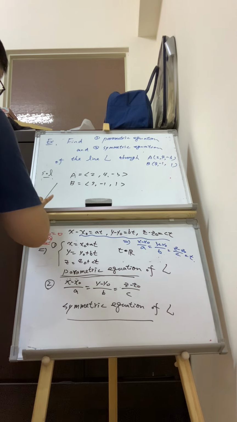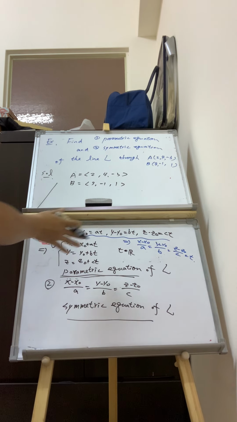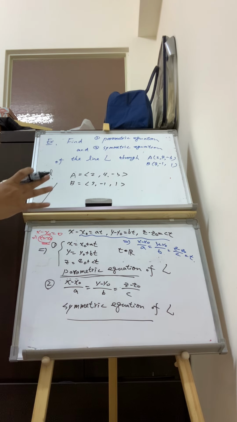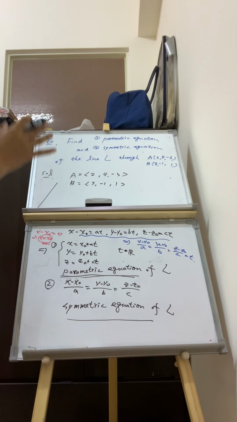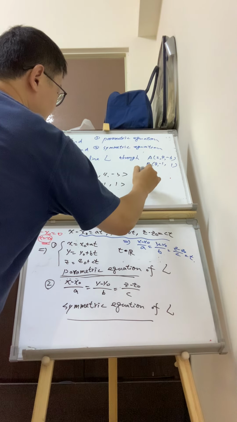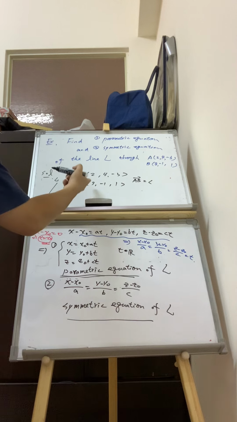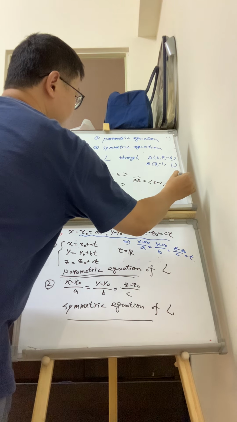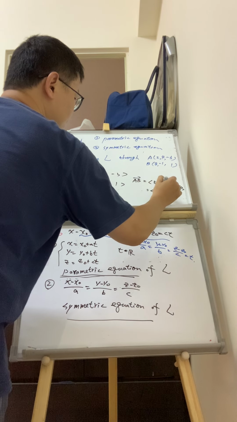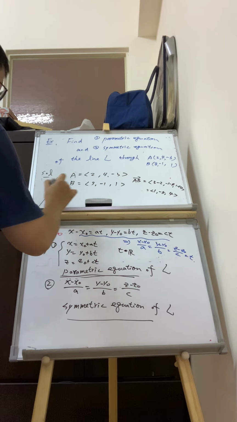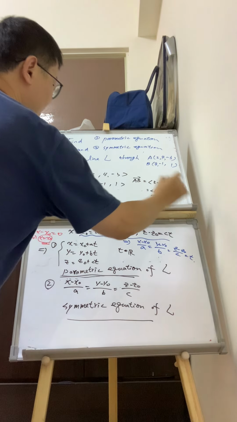In our previous result, we should have a vector in the straight line. So we could consider the vector AB, right? So it becomes 3 subtract 2, negative 1 subtract 4, 1 subtract negative 3. So it's (1, negative 5, 4). This vector (1, negative 5, 4). So we have a vector.